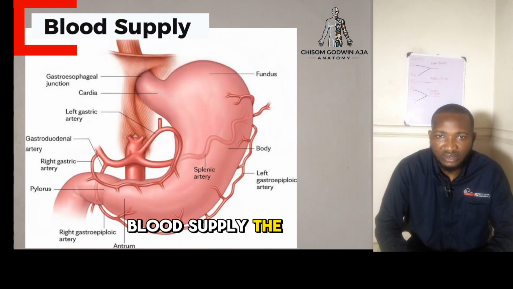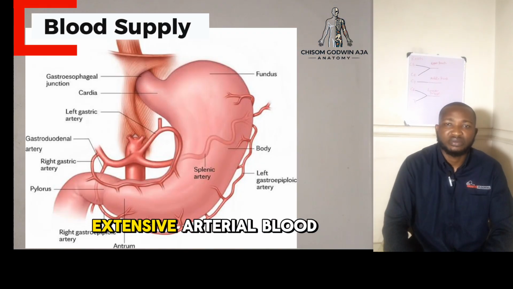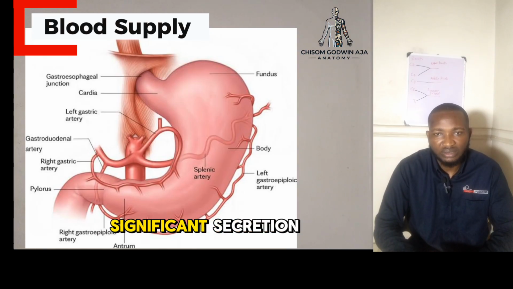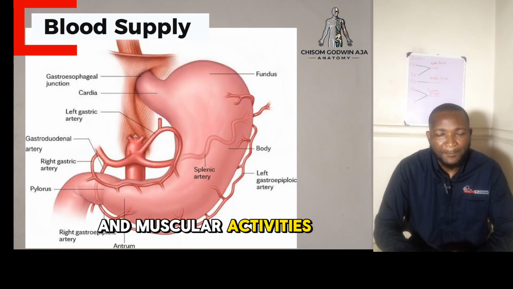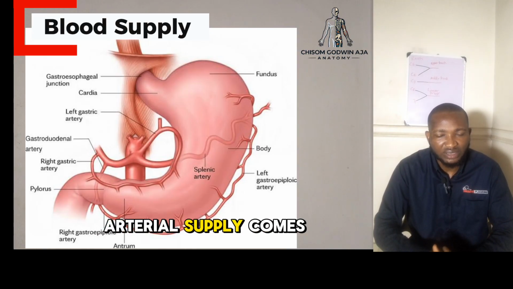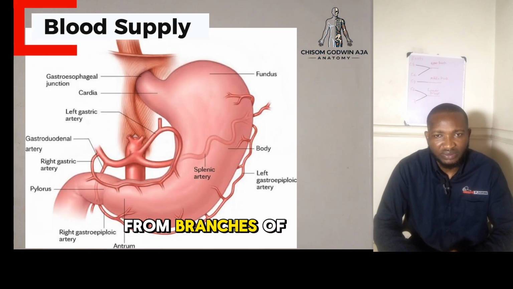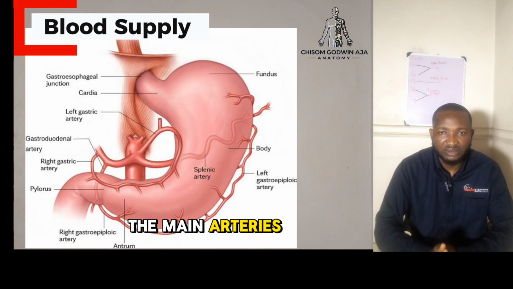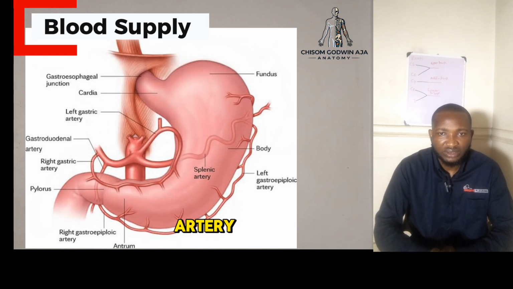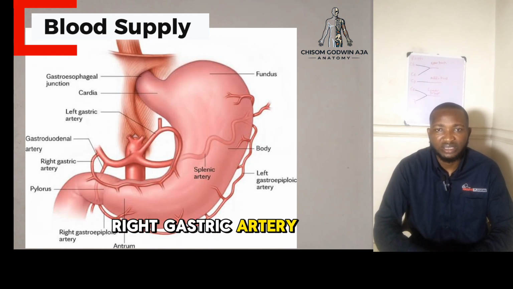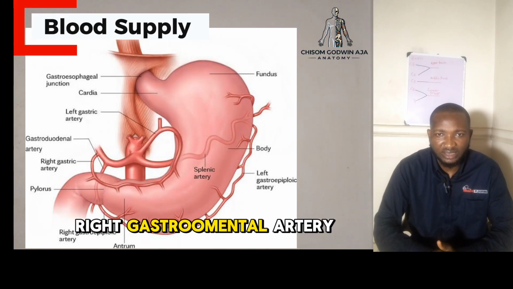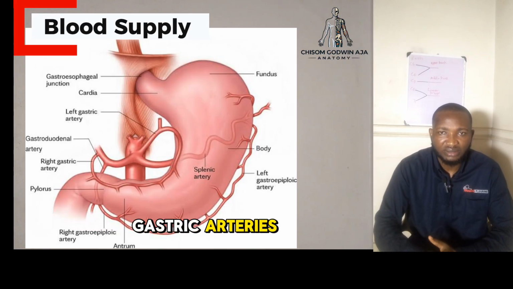Blood supply. The stomach has an extensive arterial blood supply because digestion requires significant secretion and muscular activities. Most of its arterial supply comes from branches of the celiac trunk. The main arteries include the left gastric artery, right gastric artery, left gastro-omental artery, right gastro-omental artery, and the short gastric arteries.